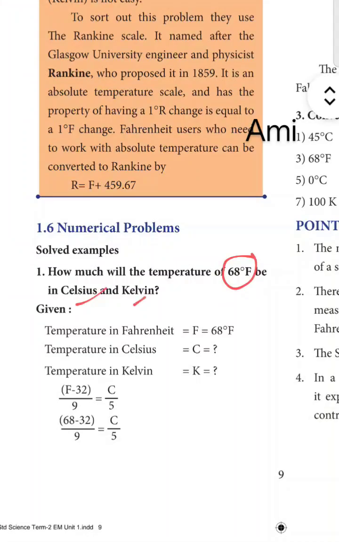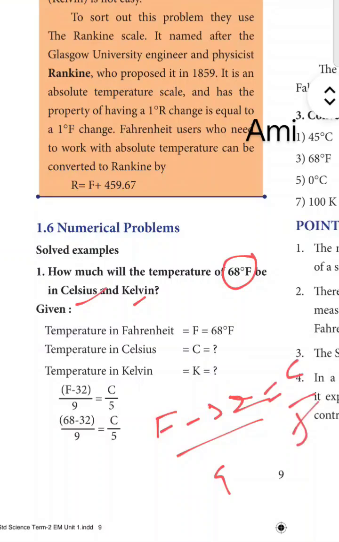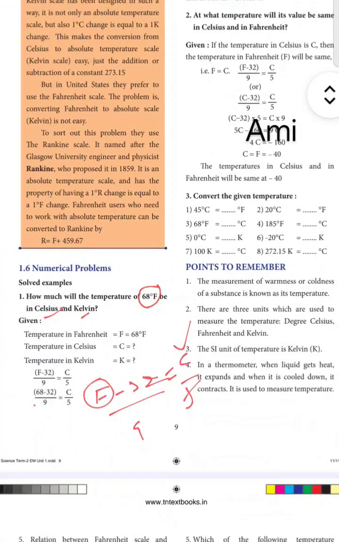To convert Fahrenheit to Celsius and Kelvin, you have a formula: F minus 32 by 9 is equal to C by 5. The value for Fahrenheit has been given as 68; you can substitute it here to find the value of Celsius.